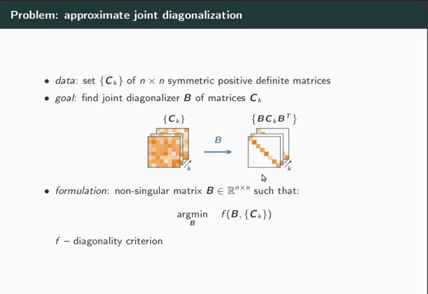And by as diagonal as possible, we mean that the matrix B should minimize some criterion of the diagonality of the matrices C_k.